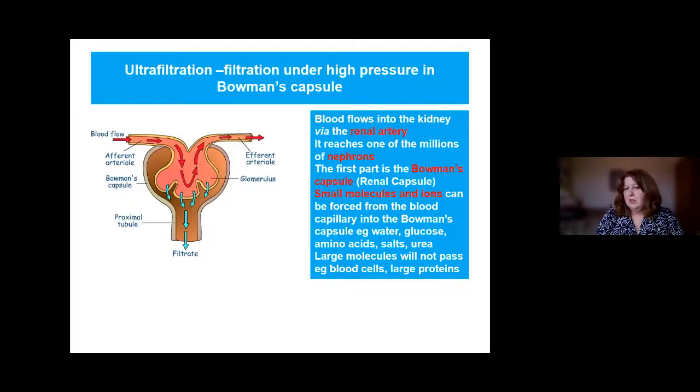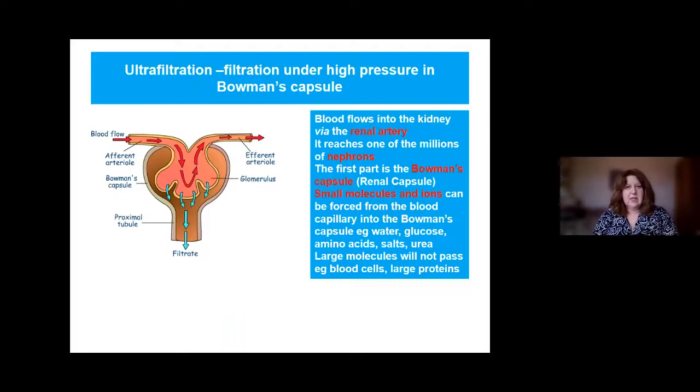The feature about the afferent arteriole that you need to remember is that its diameter is much larger than the diameter of the arteriole that leaves the Bowman's capsule, and that's called the efferent. I always think efferent has had its effect, that's why it's going on its way, but that's afferent and efferent arterioles. Sometimes the Bowman's capsule is called the renal capsule.